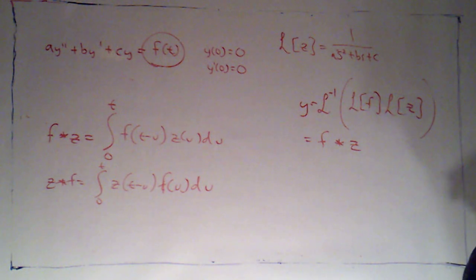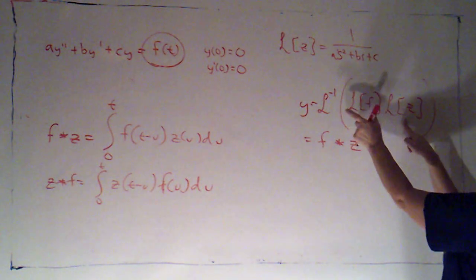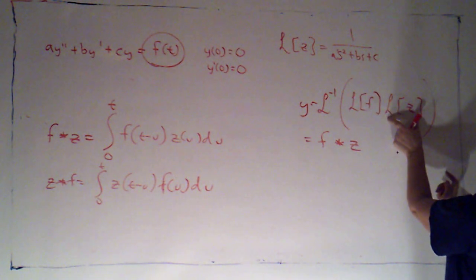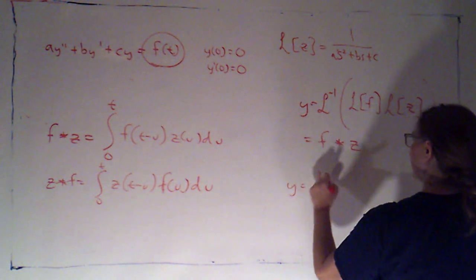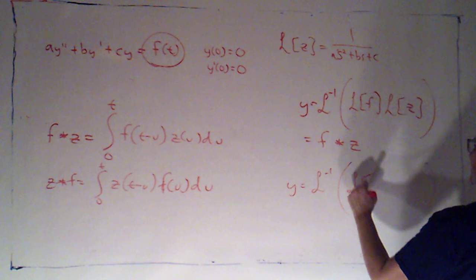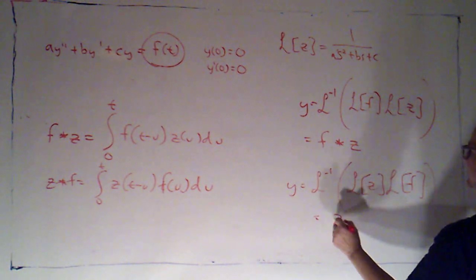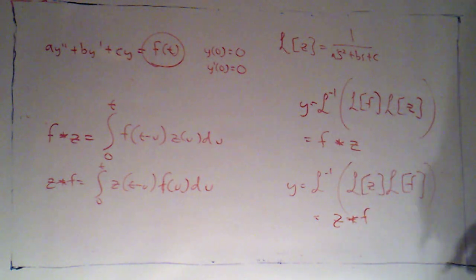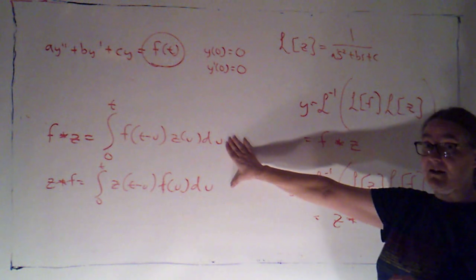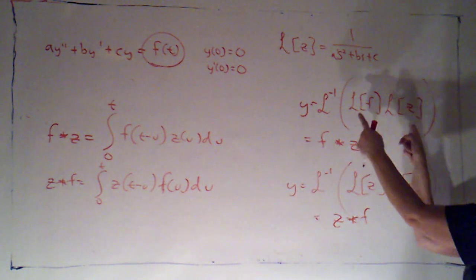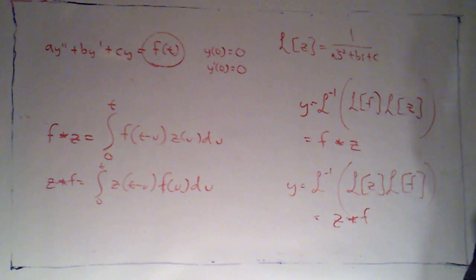And the reason they're equal is because multiplication is commutative. So the Laplace transform of f times the Laplace transform of z is exactly the same as the Laplace transform of z times the Laplace transform of f, but this would be z star f. So they're exactly the same. Again, not at all obvious from this formula, but very nice because multiplication of functions of s is commutative, so it doesn't matter what order I do things in.